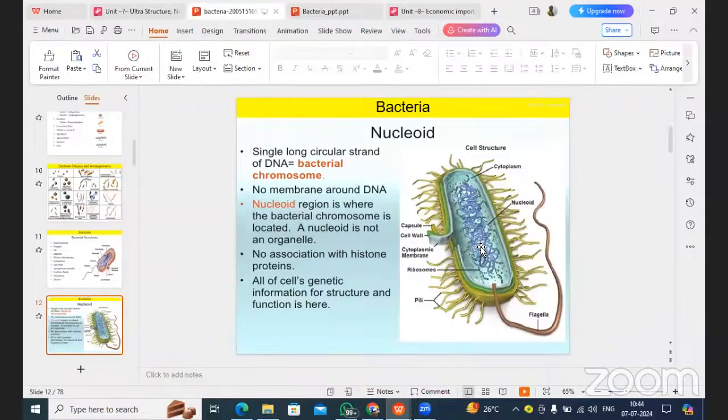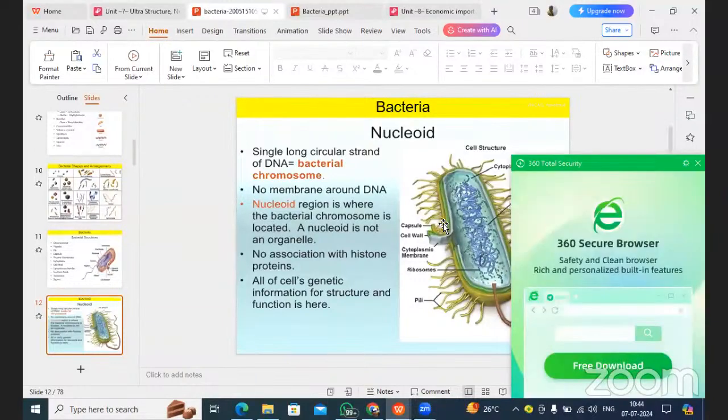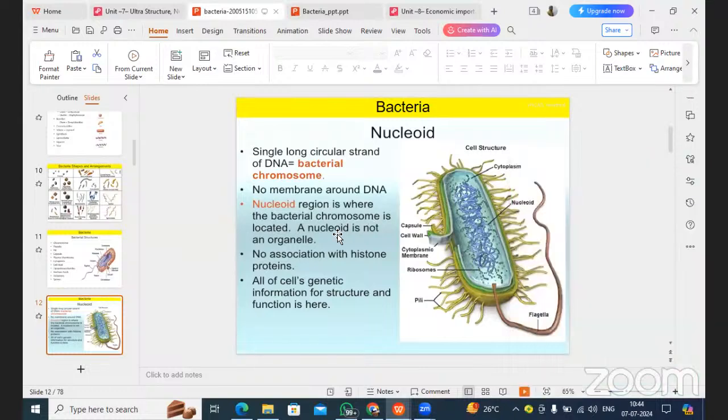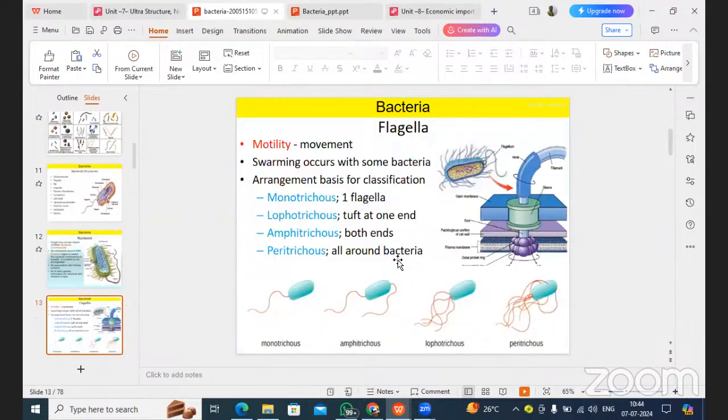We call it the bacterial chromosome, also called genophore. There is no histone protein, there is no chromatid structure. That all we have discussed.